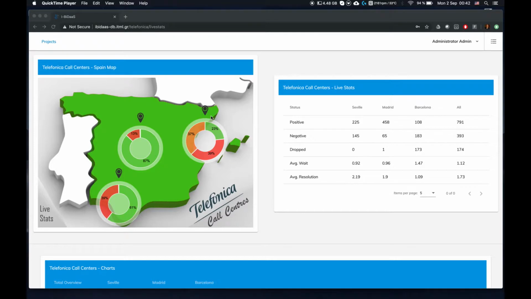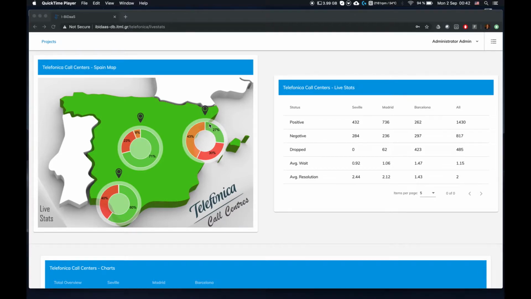After the automatic processing of the calls, the modeling process determines whether the outcome of the call was positive, meaning that the problem for which the customer called was resolved, or at least the customer was happy about the progress of the call, or negative, which means that the customer was not satisfied with the outcome of the call or the progress of the problem that was brought to the attention of the call center, or dropped, meaning calls that were not answered in time.